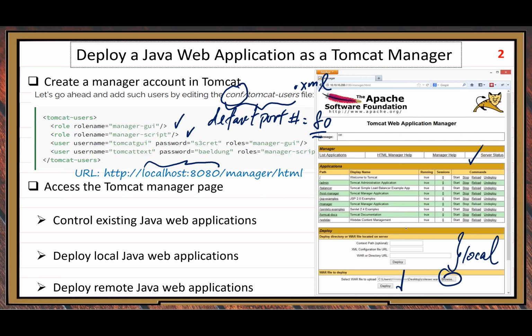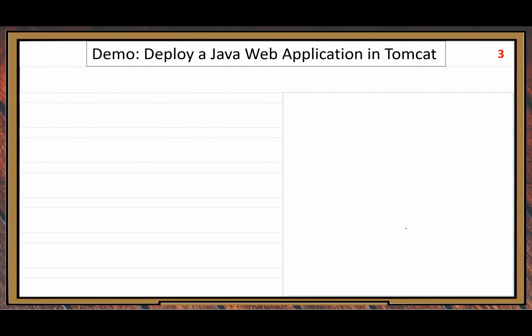The default version tries to hide the manager page, so most people won't see it on the Tomcat homepage. If you need to use it, you probably need to go to some configuration file and do an extra step to enable the manager page.